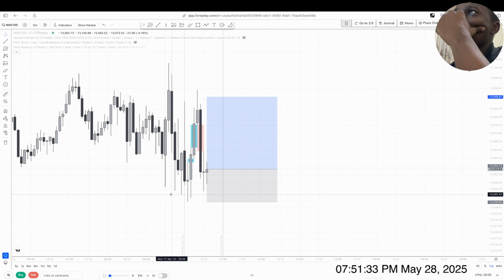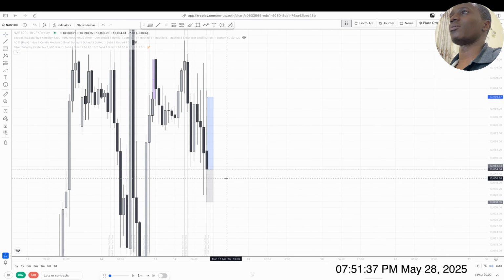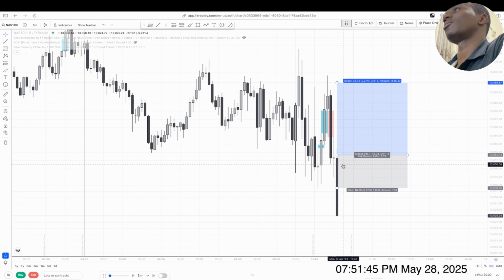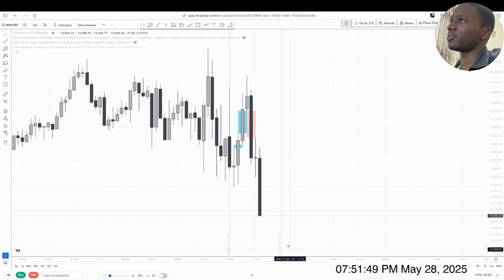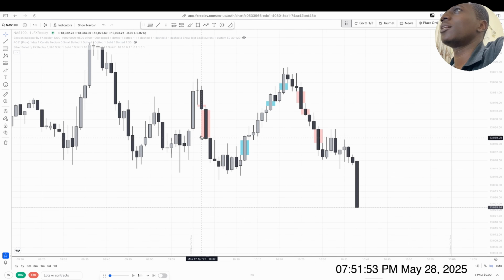But I think the odds are low, because when you go back to the 1 hour you can see that we are dropping like crazy. So yeah, this trade wouldn't be a guarantee. You can see we were automatically stopped out here, so we should basically have a larger confirmation. But how did the 1 minute look? First fair value gap here, we took out this high, we shifted in structure here.